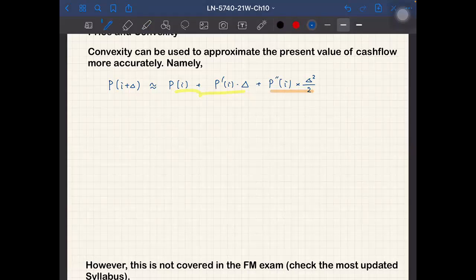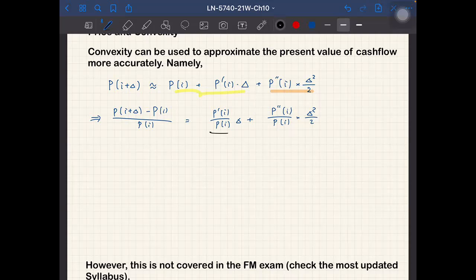You can see that the change in ratio is equal to P prime of i over P of i times delta, plus P double prime of i over P of i times delta squared over 2. And this is the duration, and this is the convexity.